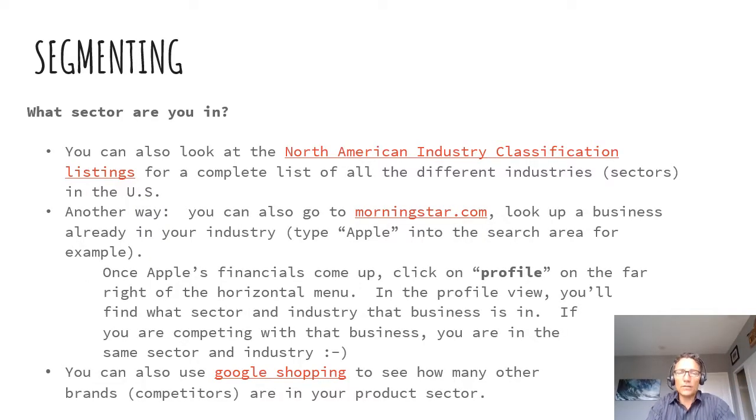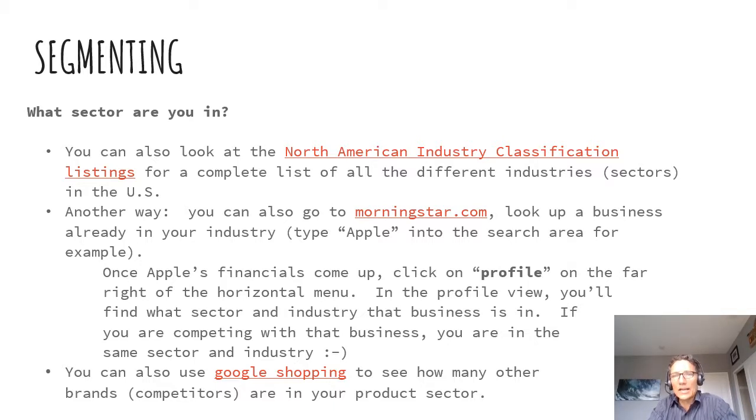Now to help you try to figure out, I have this product idea, what sector, what industry am I in? These are some sources, these are links here, the underlined red text are links to websites.